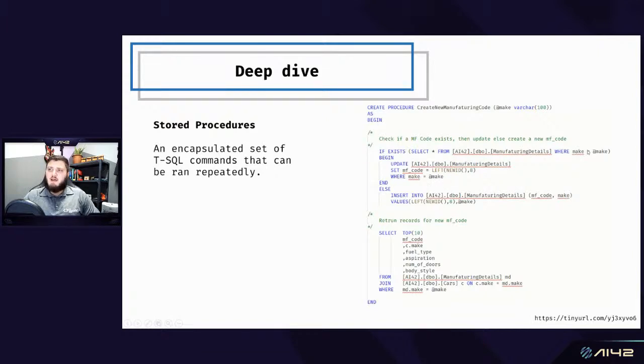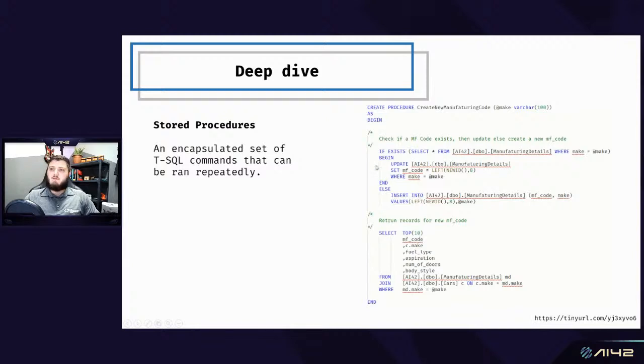If I do not have that make of vehicle in my data set, then create a new record for me with a new manufacturing code. All of this code we'll use in practical examples in our next session, in a much deeper way, to understand how this all fits together.